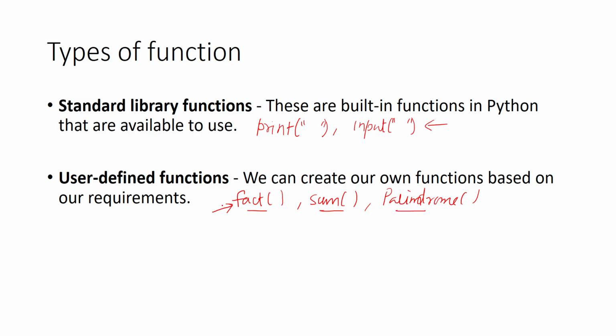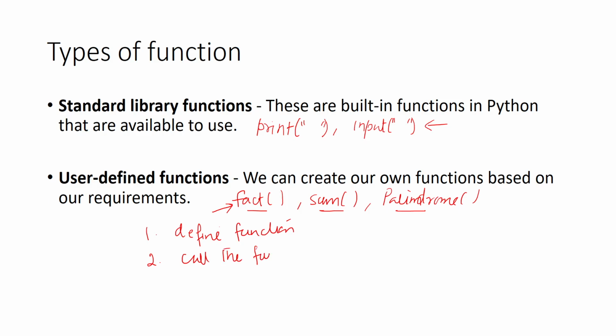The problem here is that because these functions are not recognized by the Python interpreter, we need to provide a mechanism where we can define them and then call them. The first step is to define the function, and the second step is to call the function.